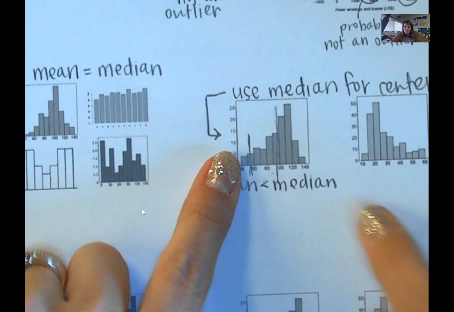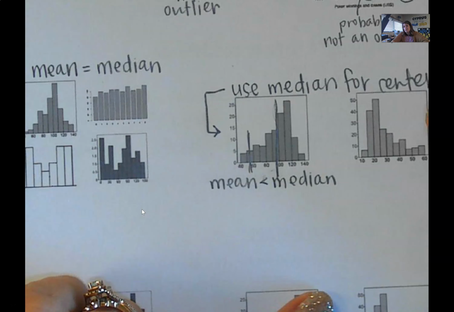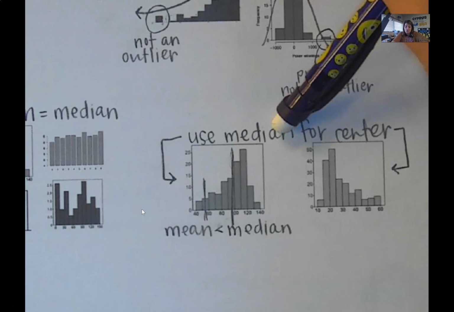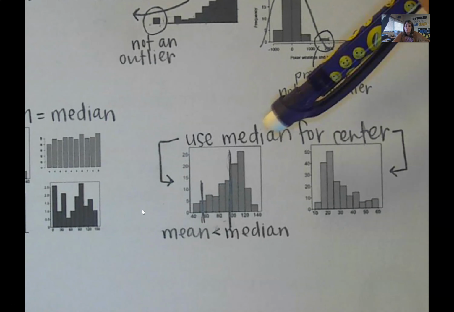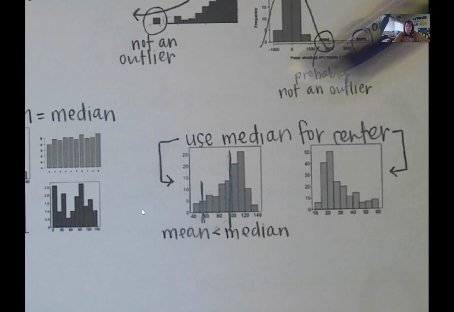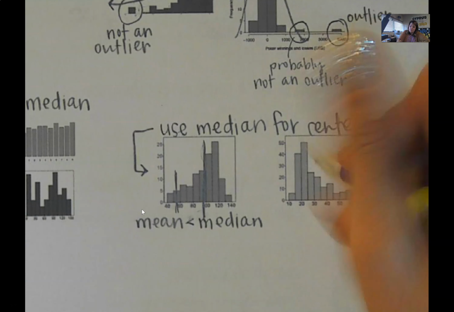So median would be here and mean would be here. Notice how the median is closer to where most of the data is. The mean is not close to where most of the data is. So that is why we need to use the median for center, or for describing the typical observation, if there is skew.